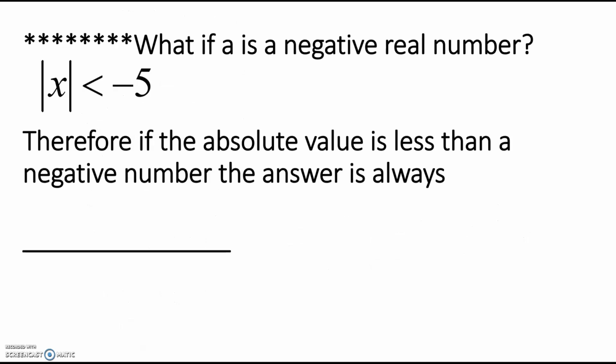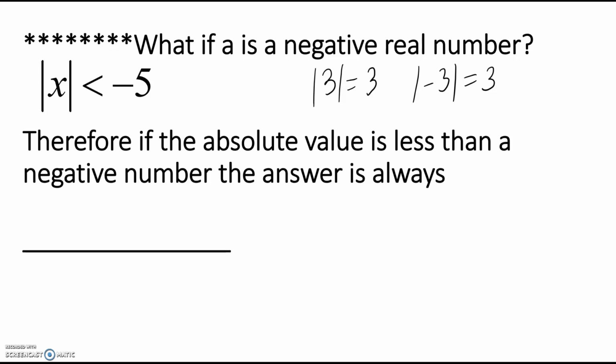Okay, let's think about this. What if a is a negative real number? So if absolute value is less than a negative number, what does absolute value mean? Remember we talked about this. Absolute value of 3 was 3. Absolute value of negative 3 was 3. So we should be getting positive numbers every time.